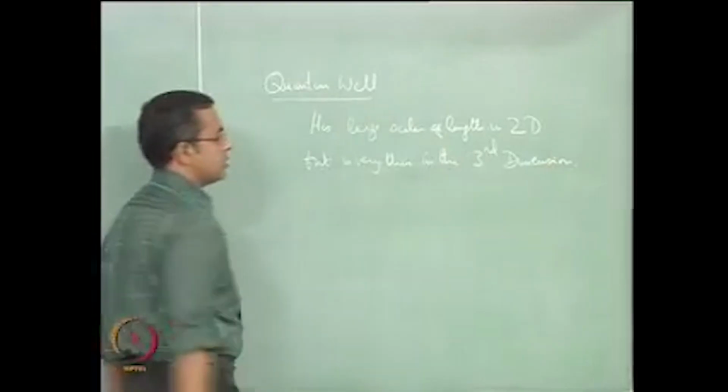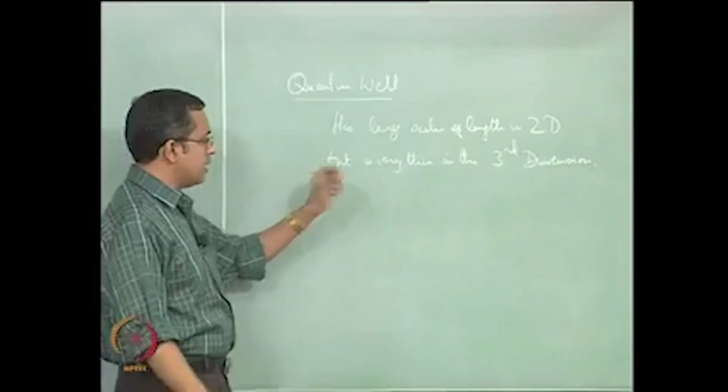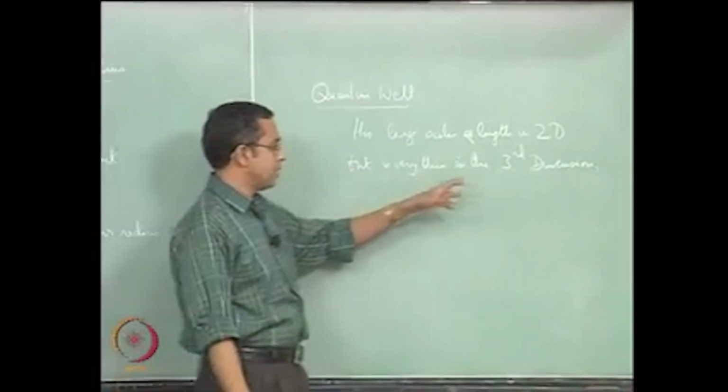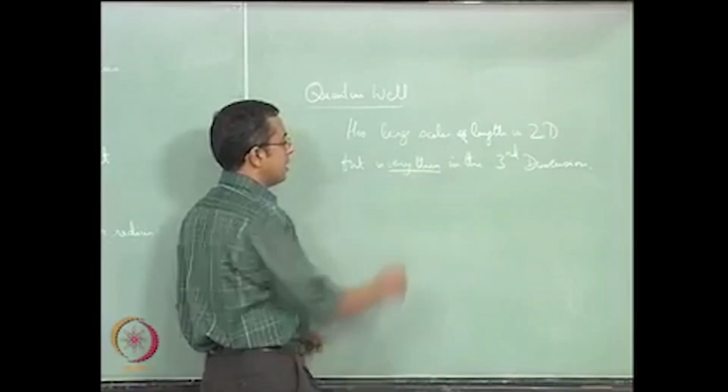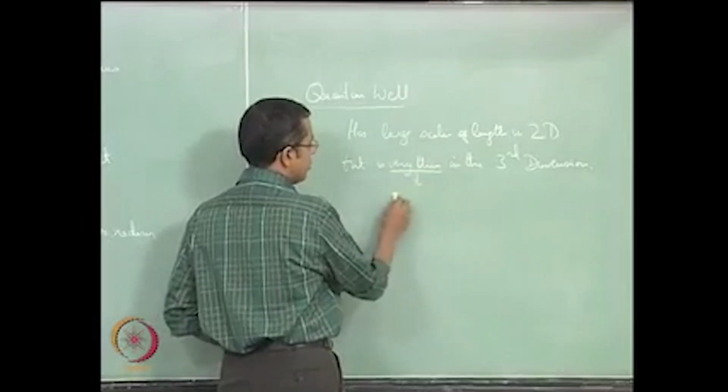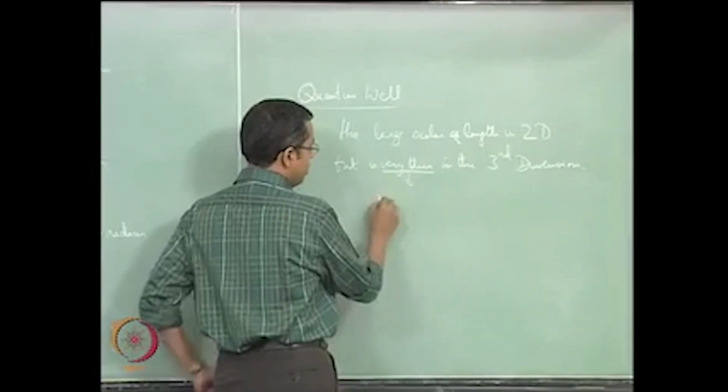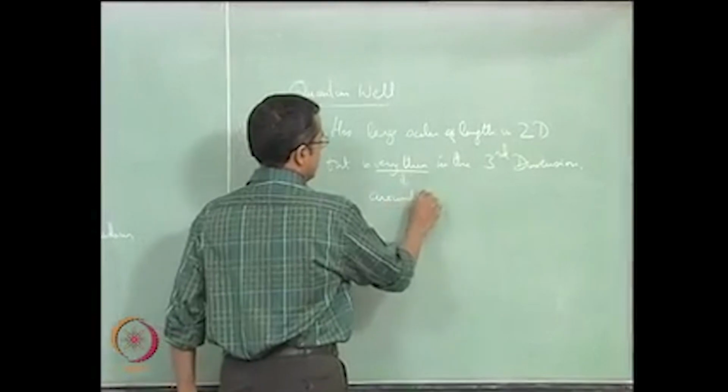So you can have a very large piece of material, but it is very thin in 1 dimension, and so the 3rd dimension is extremely thin. And when we say extremely thin, this is a very descriptive sense. This means you should get it to around the exciton Bohr radius.